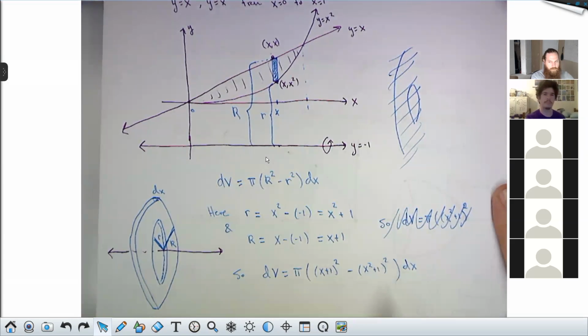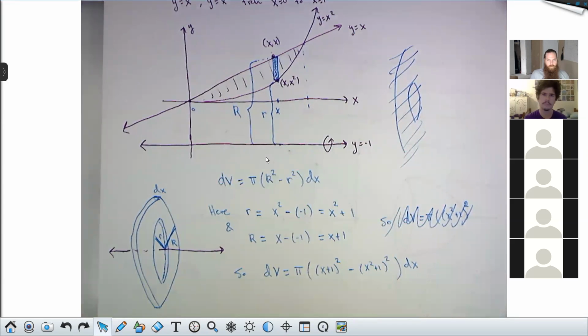Wait, so how did we get the big R? So big R is the distance from the further end of the strip all the way to the axis of rotation. Okay. So I take the y value up here and I subtract the y value down here. The y value up here is x.